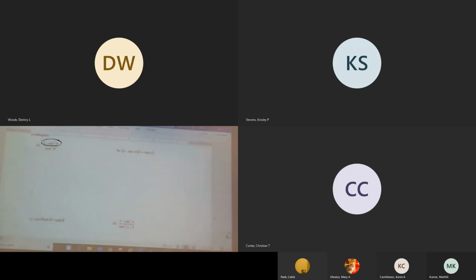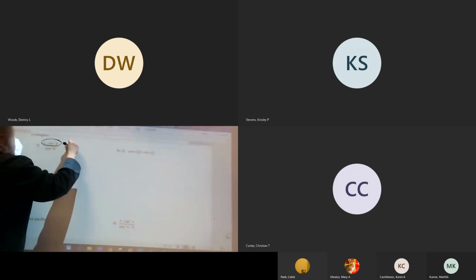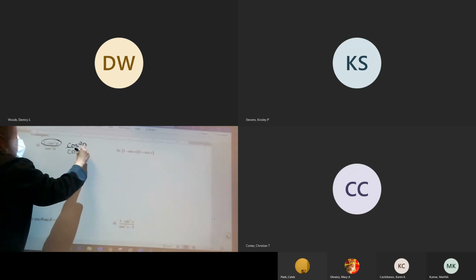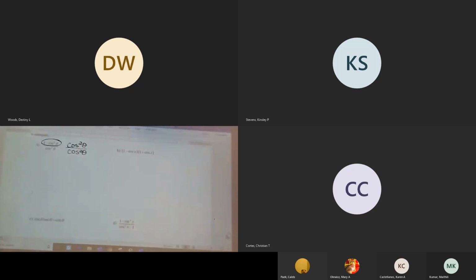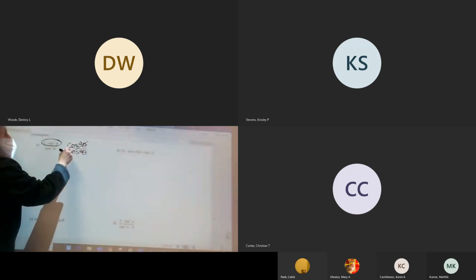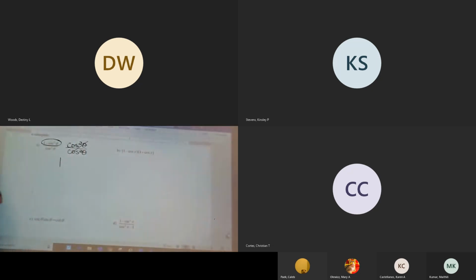That's equal to cosine squared theta. And then your denominator, that's already in terms of sine or cosine, so I'm not going to rewrite it. You rewrite stuff to get it into sine cosine. And you'll notice your numerator and your denominator are the same, so those cancel out, and you're left with 1.